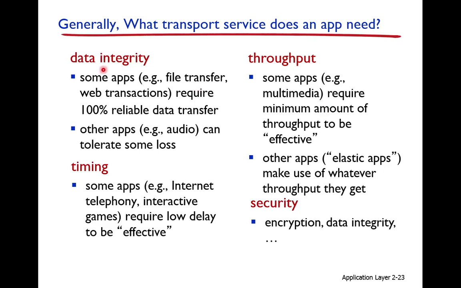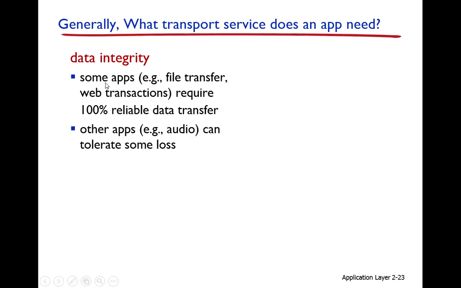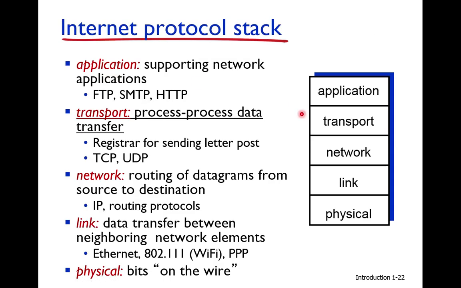One is called data integrity. Some applications need that their data should not be lost. So when they send data, they will select a transport service which can provide data integrity, which cannot lose the packets or the data.